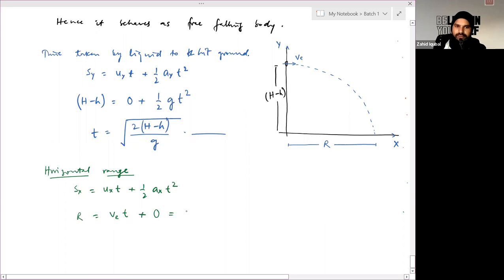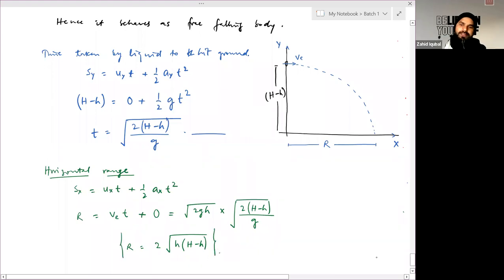Put in the value of velocity of efflux, root 2gh, multiplied by time taken, root of 2 times (h minus h) divided by gravity. So gravity and gravity will cancel out. So R will be equal to 2 times root under h into (h minus h). Hiba, any doubt?